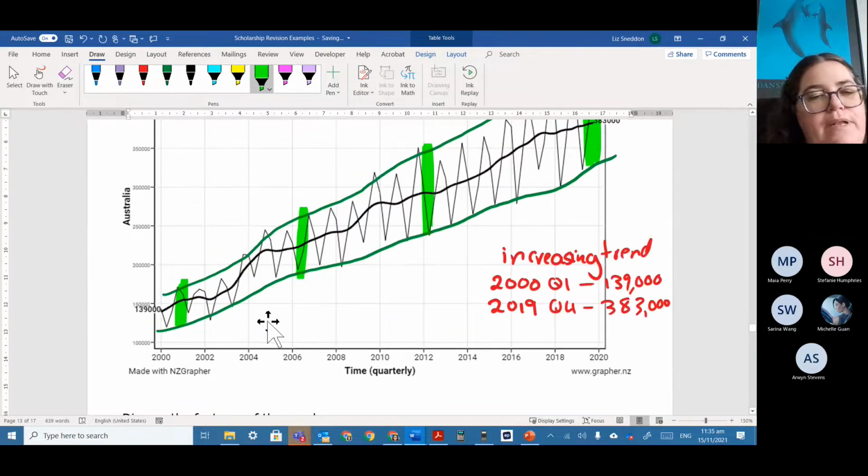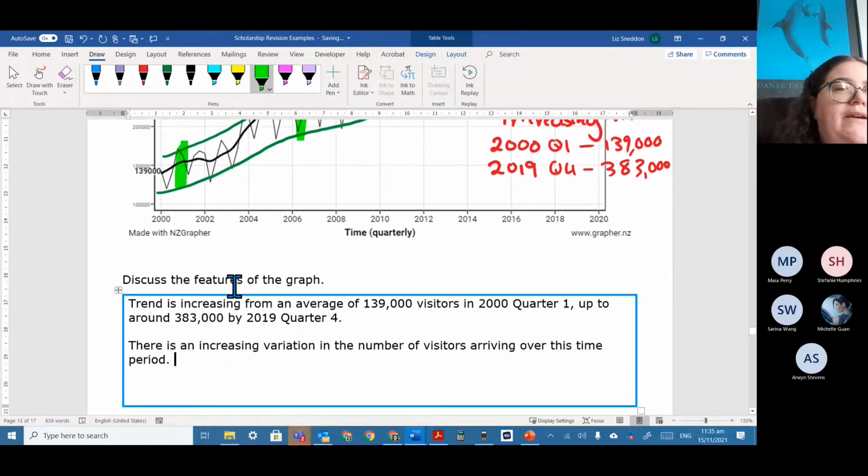Yep. So that variation is increasing over the time period. That's the key idea. Okay. So trend, seasonality, variation, and the last one we can do a double check with is our outliers.